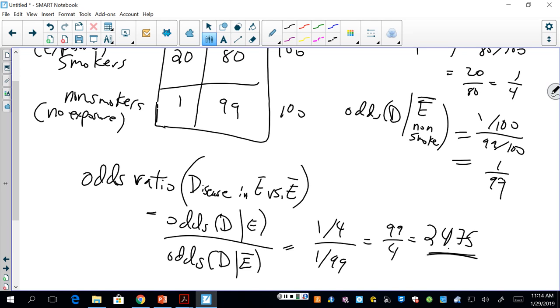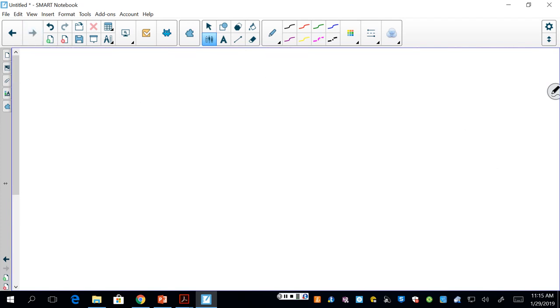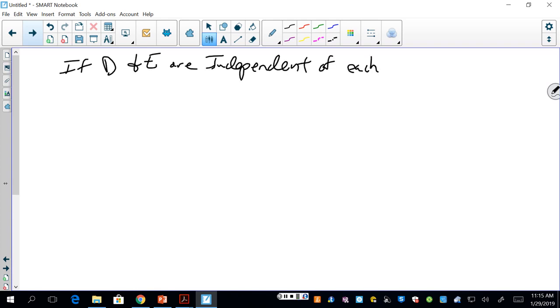If two variables are independent of one another, what's the odds ratio? So if they're independent of one another, what can we say about some of these terms in probability?